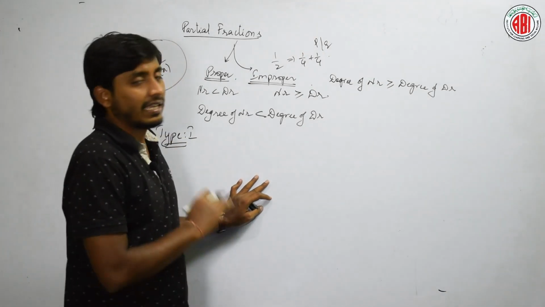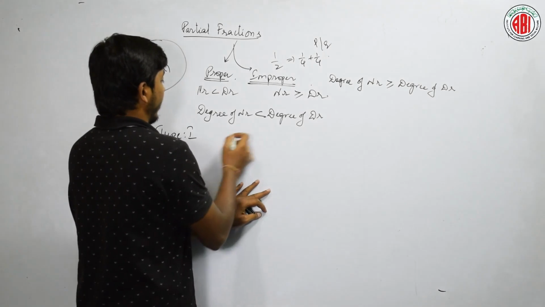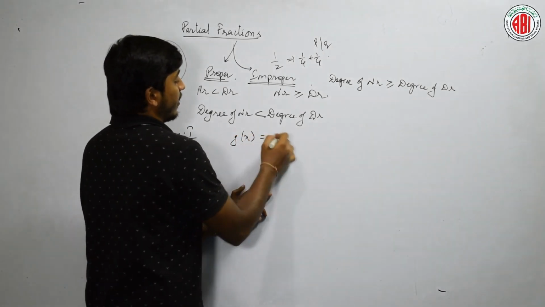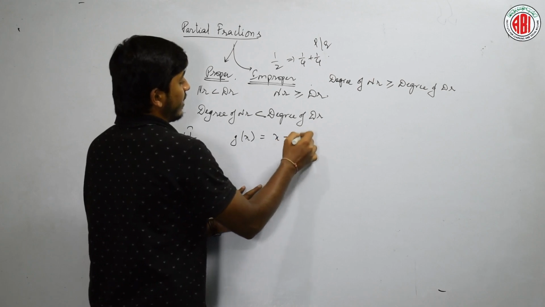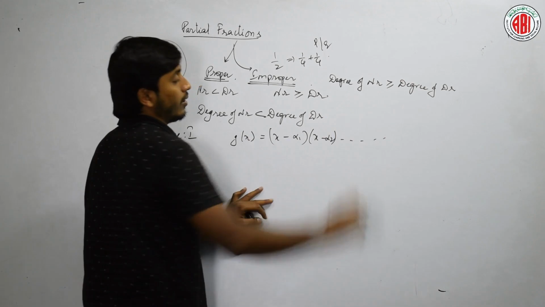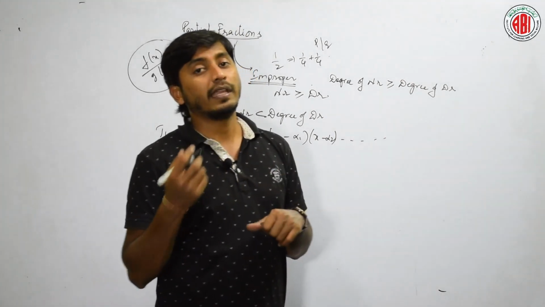Everything depends upon the denominator. For type 1, the denominator g of x should be in the form of x minus a into x minus second factor and so on. That is, no factor should be repeated and they should be reducible.